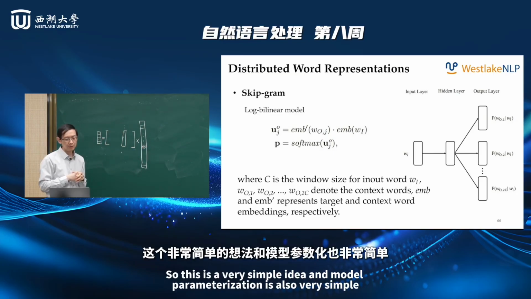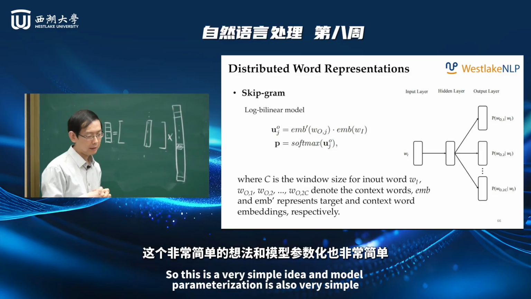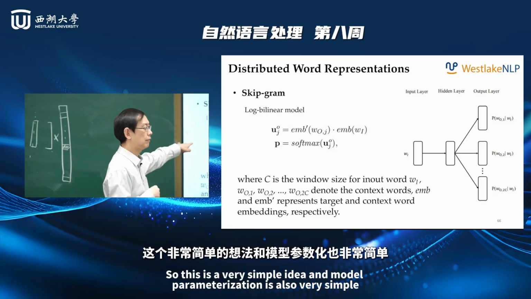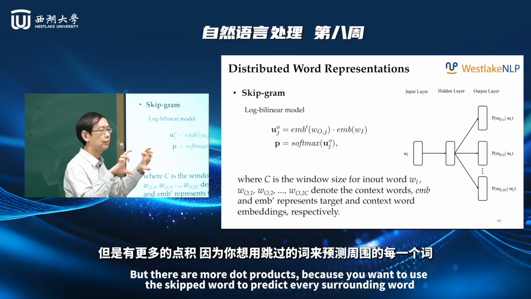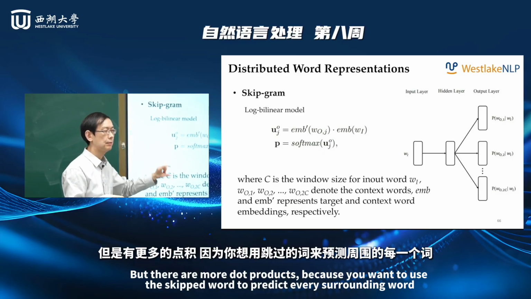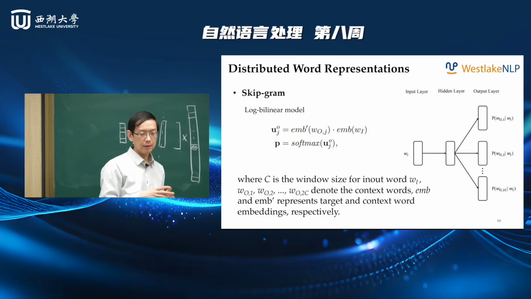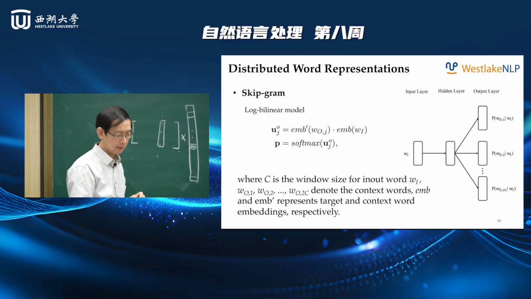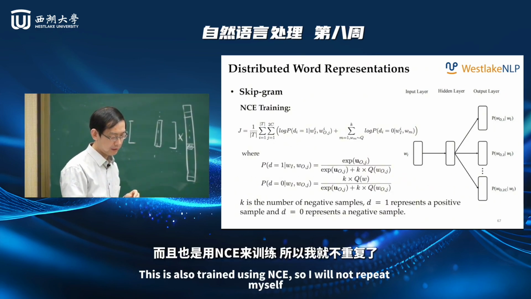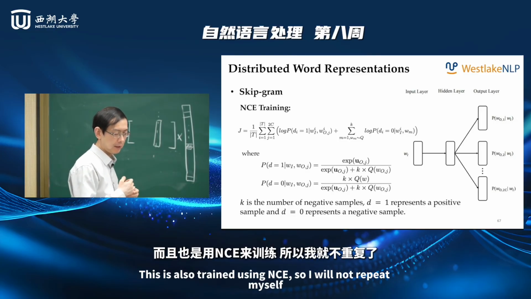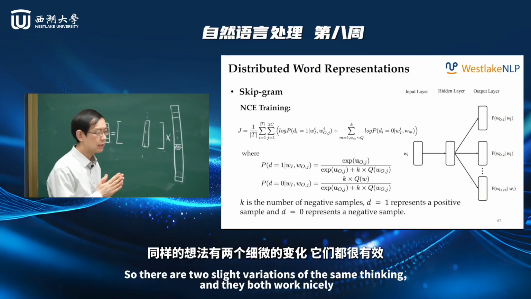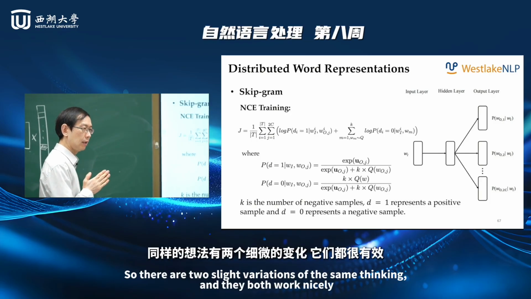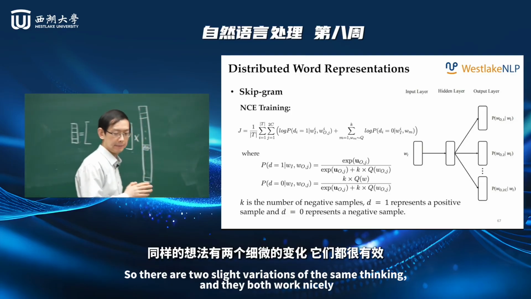This is a very simple idea, and the model parameterization is also very simple. There is no summation anymore, but there are more dot products because you want to use the skipped word to predict every surrounding word. This is also trained using NCE, so I will not repeat myself. So these are two slight variations of the same thinking, and they both work nicely.